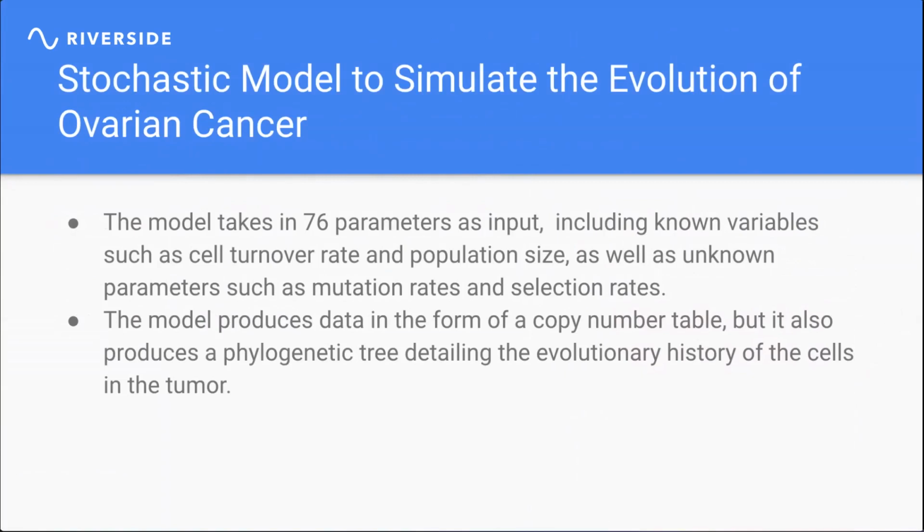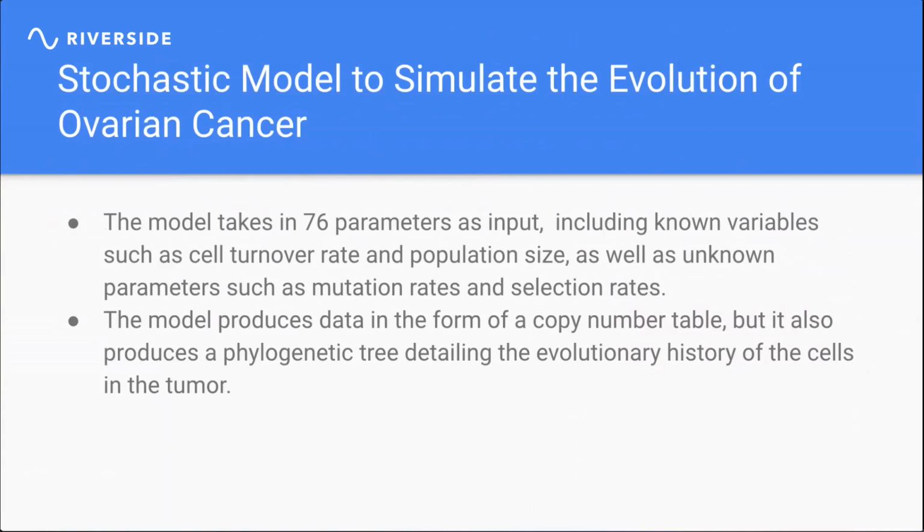We built a stochastic model to simulate the evolution of ovarian cancer, and the model takes around 76 parameters as input, including known variables such as cell turnover rate and population size, as well as unknown parameters such as mutation rates and selection rates. These mutations can include things like whole genome duplication, focal amplification, and deletions.